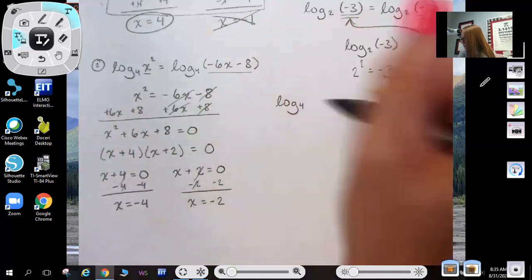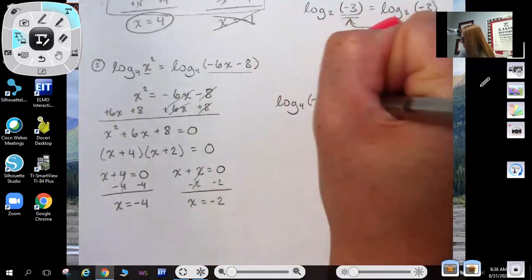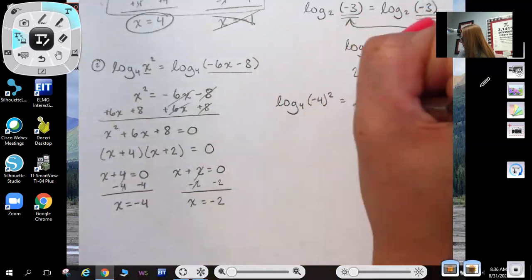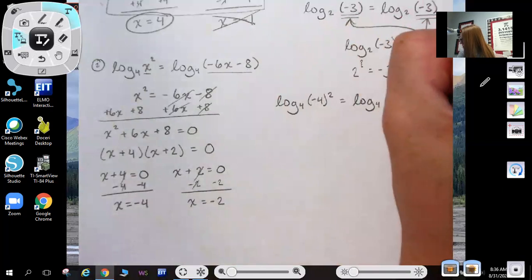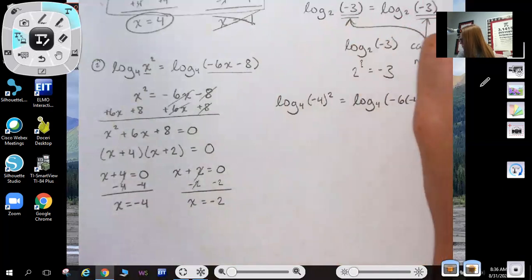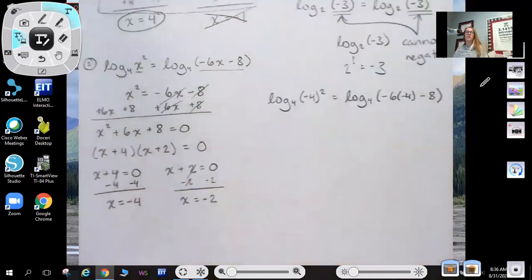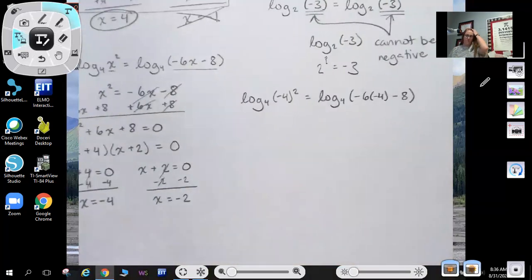So plugging in -4, we've got log base 4 of -4 squared equals log base 4 of -6 times -4 minus 8. So yes, I would say it is a red flag that it's a negative answer.